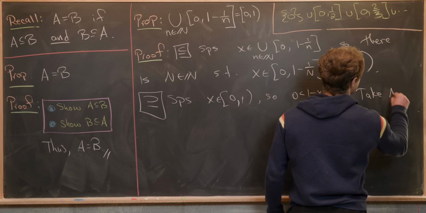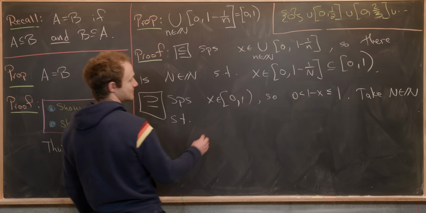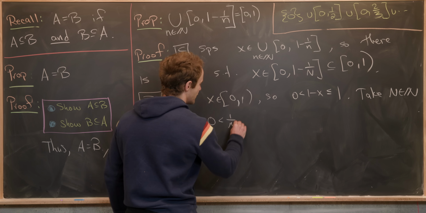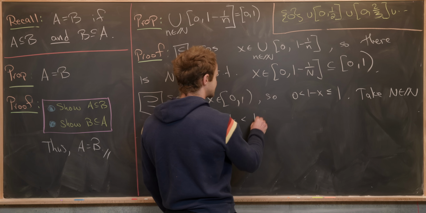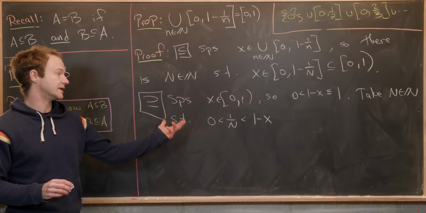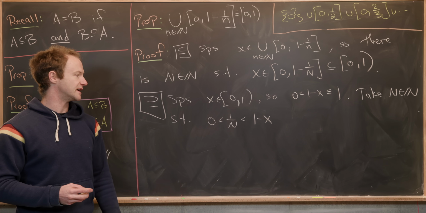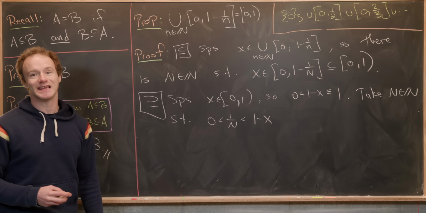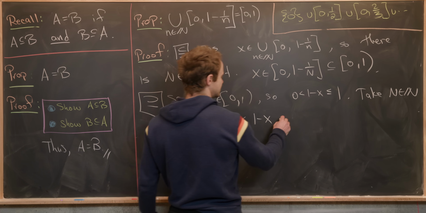So let's take capital N, which is a natural number, such that 0 is less than 1 over capital N. So that's always the case, but it's also less than 1 minus x. Okay, good. Now what we can do is reverse this calculation a little bit to show that x is in an appropriate interval. So let's do that.